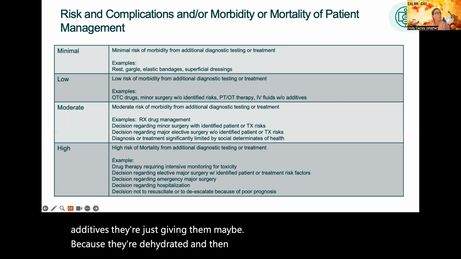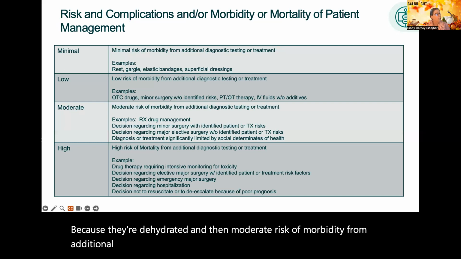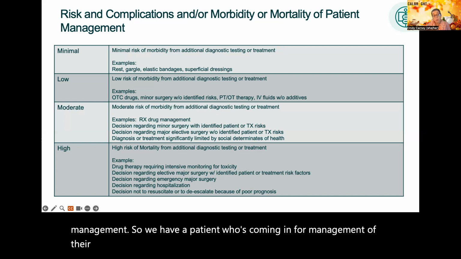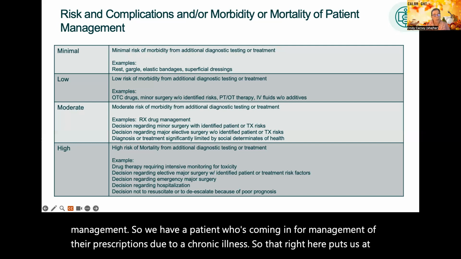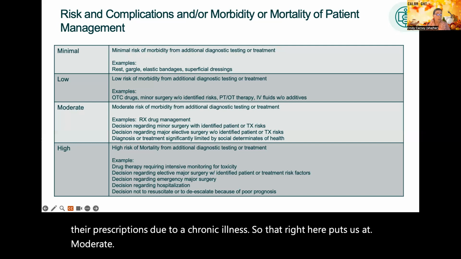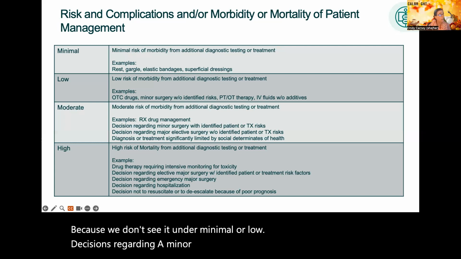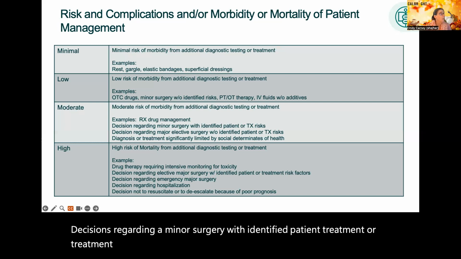And then moderate risk of morbidity from additional diagnostic testing or treatment. So examples here, RX drug management. So we have a patient who's coming in for management of their prescriptions due to a chronic illness. That right there puts us at moderate because we don't see it under minimal or low. Decisions regarding a minor surgery with identified patient treatment risks.